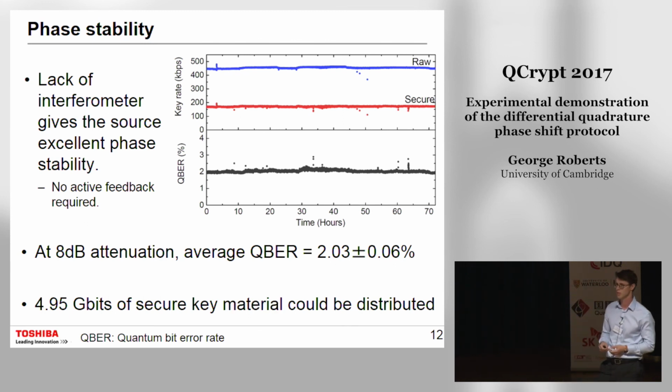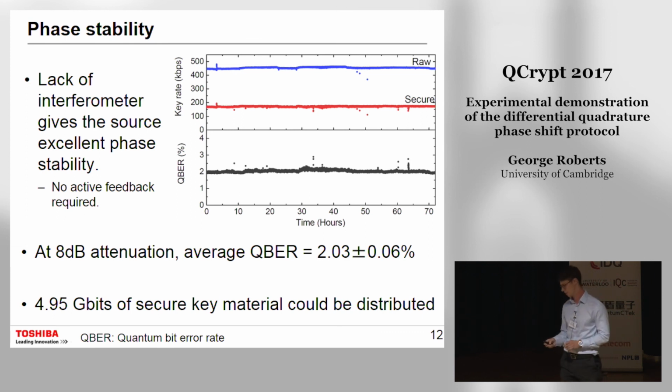At 8 decibels attenuation, an equivalent channel length of 40 kilometers at 1550 nanometers, the QBA on average is 2.03% with a tiny standard deviation, and it would give no drops in secure key. Over the period of 3 days, this would have allowed us to distribute 4.95 gigabits of secure key material with absolutely no active feedback.